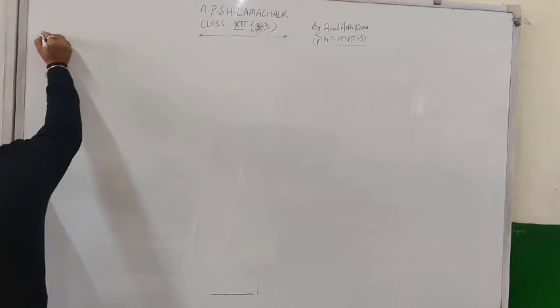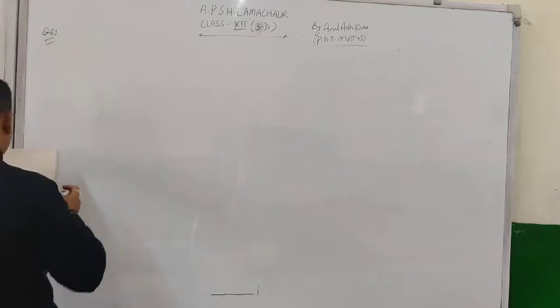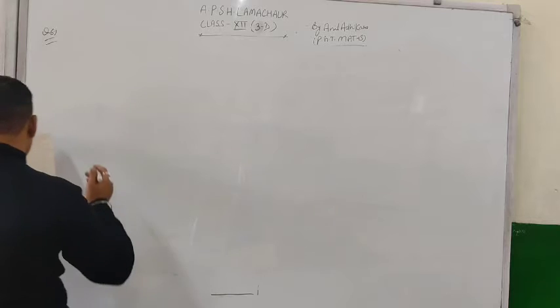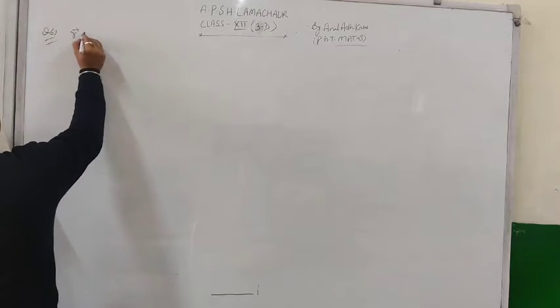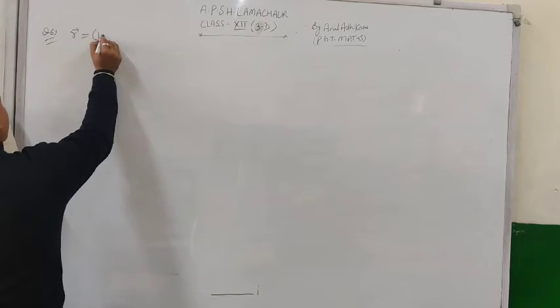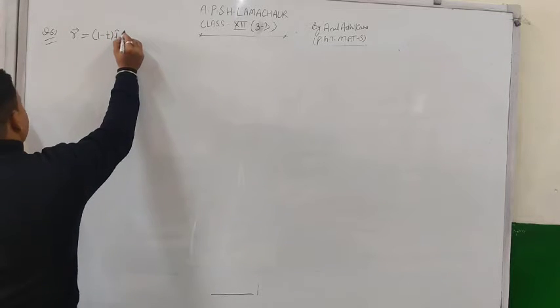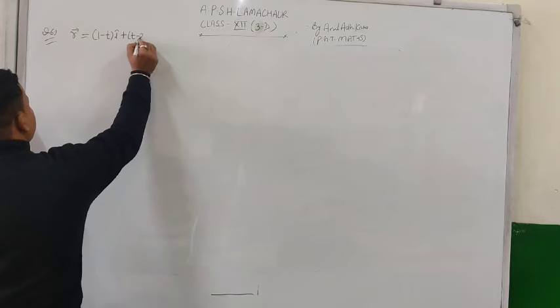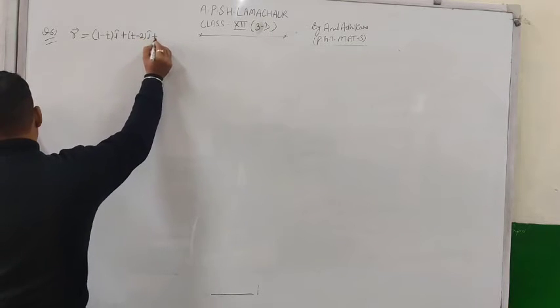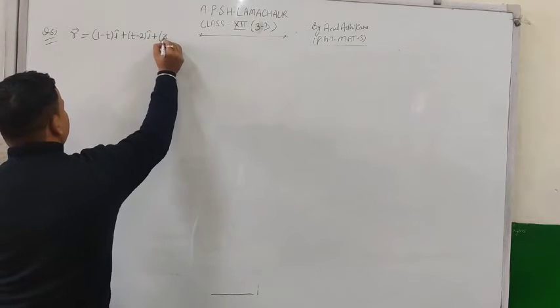Okay, so question number 6 is: find the shortest distance between two given lines. The first line is given as r vector equals (1 minus t) i cap plus (t minus 2) j cap plus (3 minus 2t) k cap.